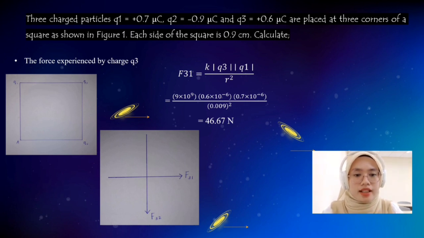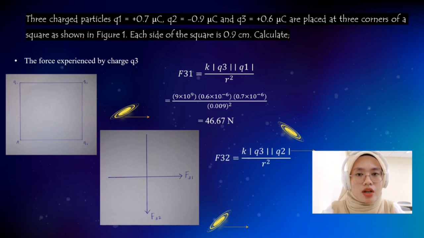Next, calculate the force from Q3 to Q2. Same with the previous one, we will be using the formula of K times Q over R squared, which is both of the Q will be modulus.